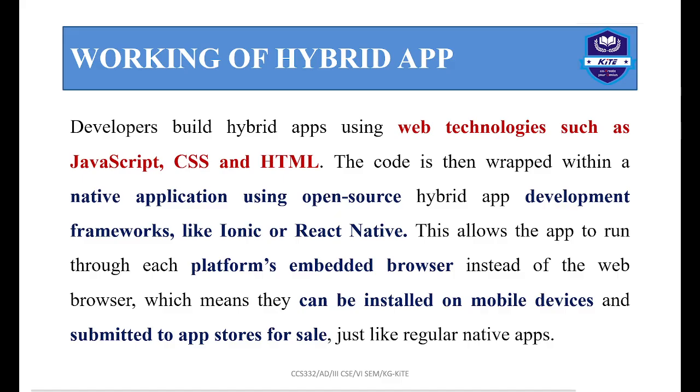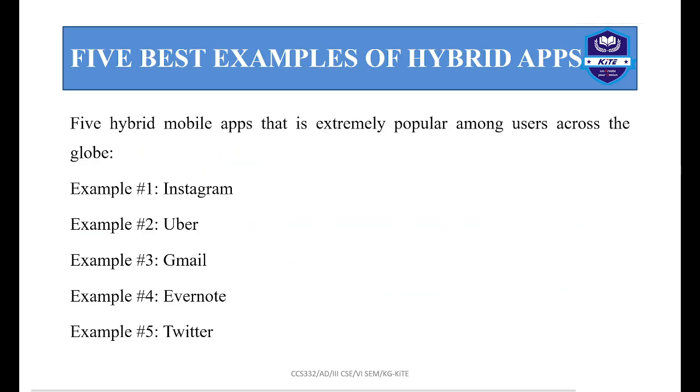These are the two basic frameworks which enhance hybrid application development. This allows the app to run through each platform's embedded browser instead of the web browser, which means it can be installed on mobile devices and submitted to the app store for sale, similar to a native app.